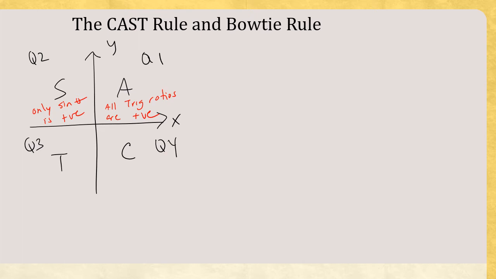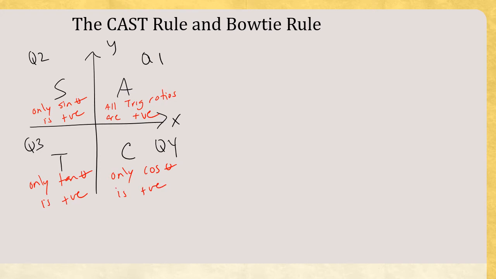If we end up in quadrant 3, where there's a T, only tan theta is positive. Down where the C is, quadrant 4, only cos theta is positive.